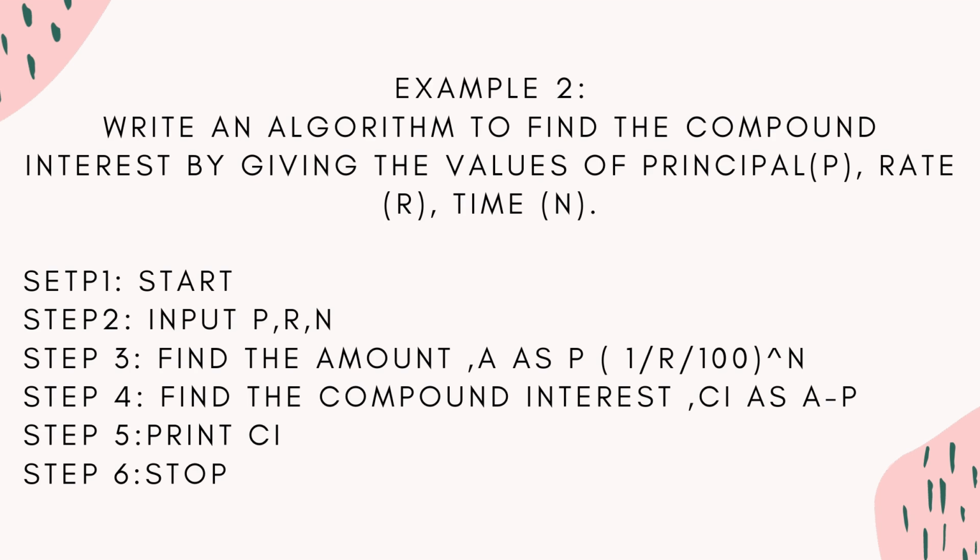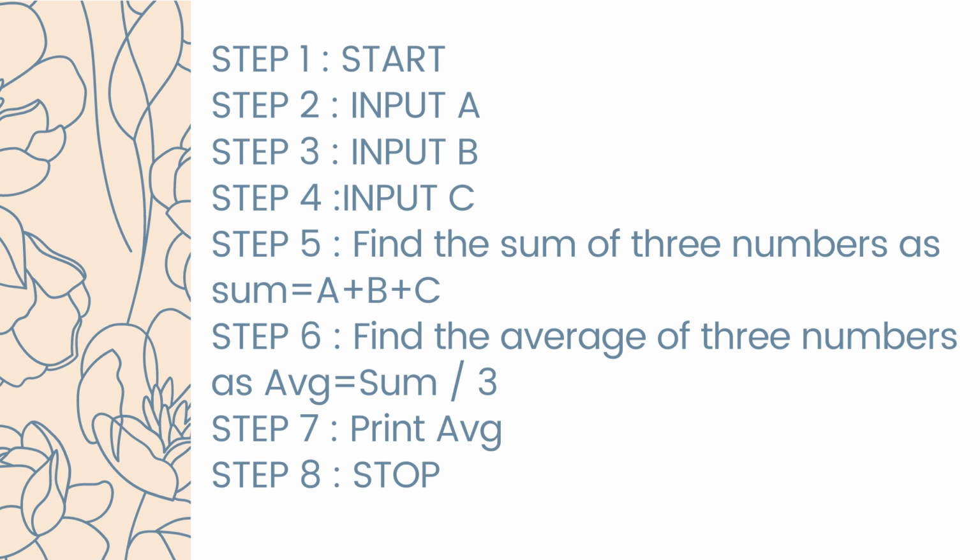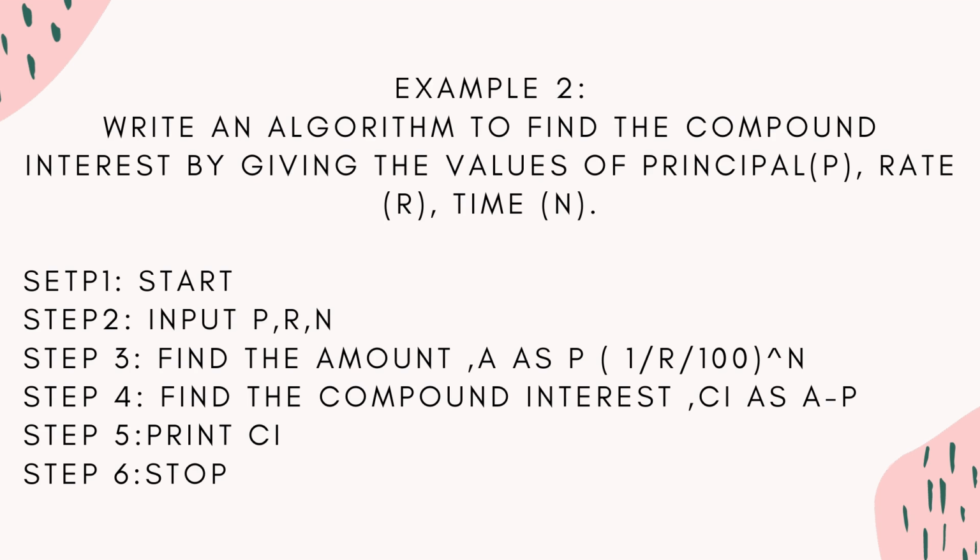So we have done that: principal, rate, and time input in the same line. This reduces the steps. Previously we had 8 steps because of dividing the inputs, but here we have written them in the same line, which reduces the steps.